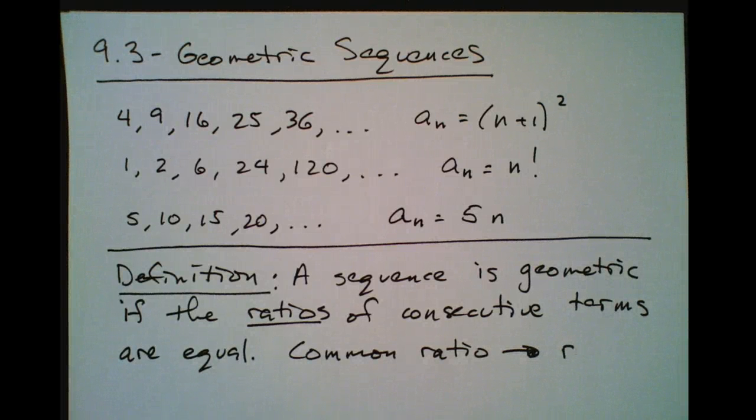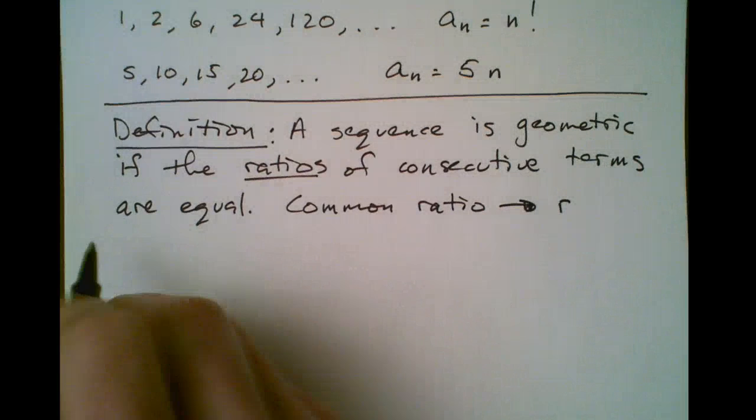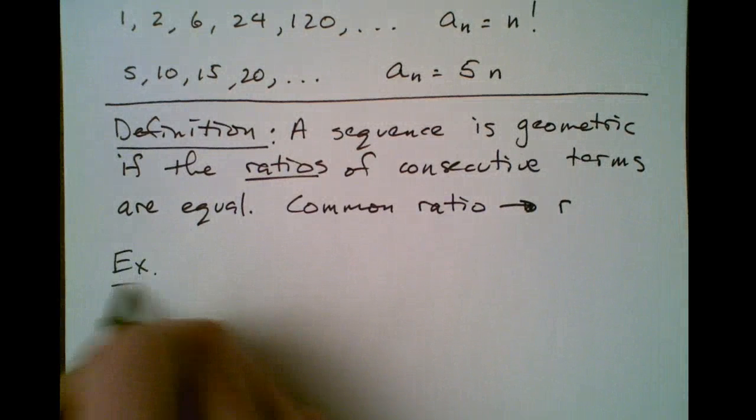So similar to what we did with arithmetic sequences, except that was a common difference, so we were adding or subtracting the same thing to get to the next term. Now we're going to be multiplying or dividing. So we don't have a common difference, we have a common ratio. So for example, let's look at a simple one here.